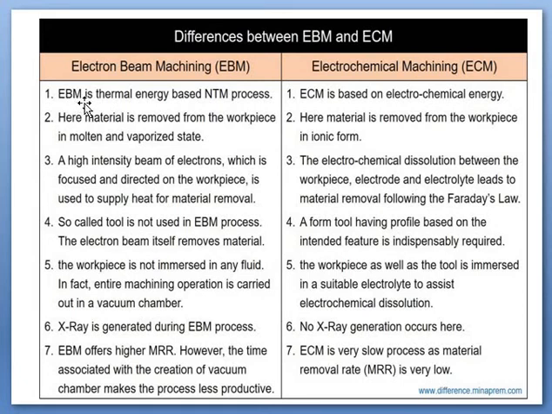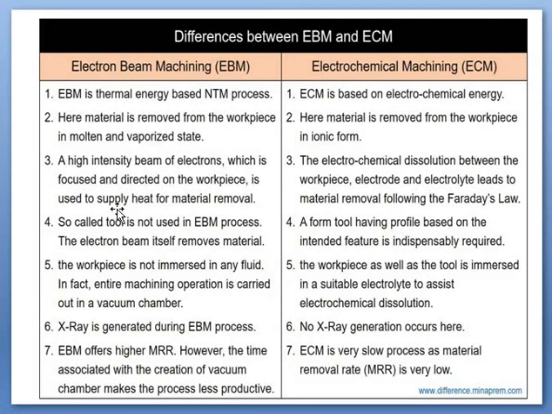In the electron beam machining process, thermal energy is used, and the ECM process is based on electrochemical energy. The second point of comparison is related to the way of material removal. In EBM, the material is removed from the workpiece in a molten and vaporized state, whereas in ECM, the material is removed in ionic form.